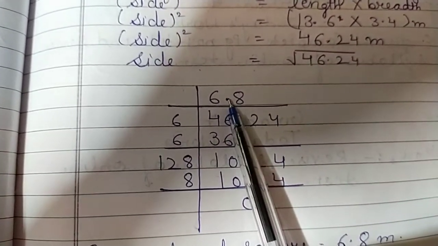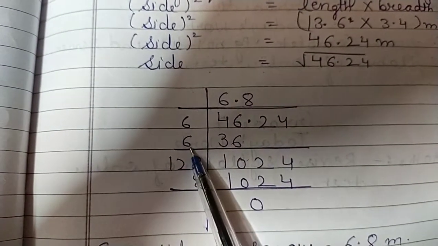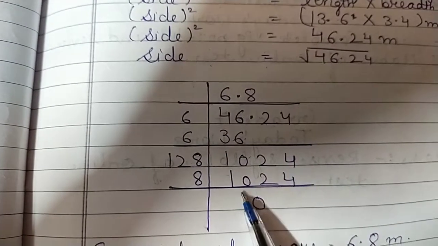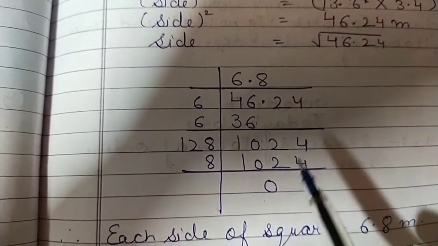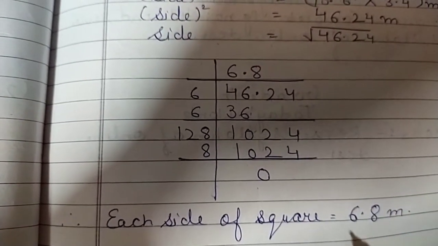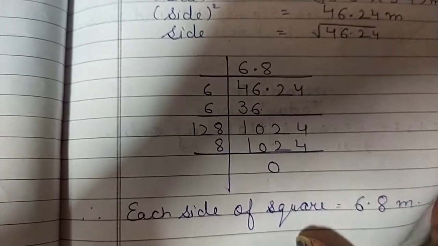Then 6 plus 6 becomes 12, and when we multiply 128 by 8 we get 1024. Our remainder is 0 and our quotient is 6.8. It means that each side of the square is 6.8 meters.